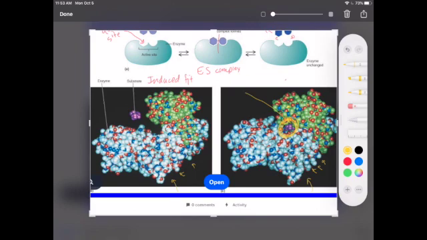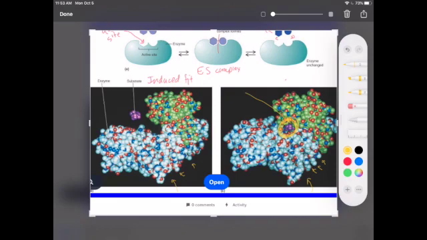The deal is, and this is going to be important later on, so make sure you write this down, that when a substance binds to an enzyme, when a substance binds to a protein, it doesn't even have to be an enzyme, when a substance binds to a protein, it changes the shape of that protein.